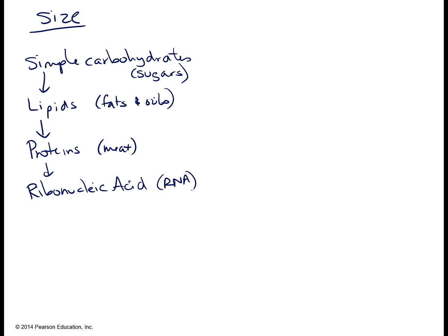This is the short part of the genetic information that's used to make a single protein. Then you get to the complex carbohydrates. Just remember we said that those are like thousands of sugars, always made of glucose. It's like 1,000 glucoses in a molecule. So RNA is a little smaller than that.